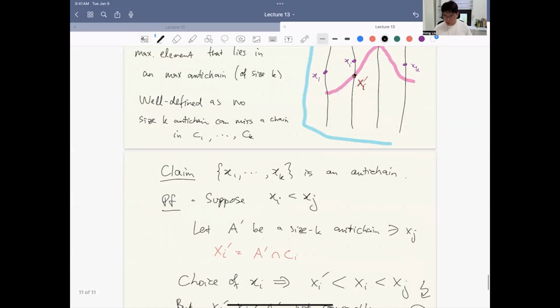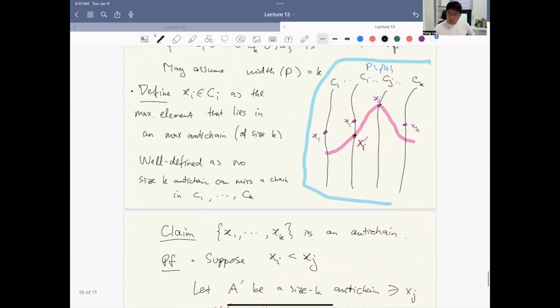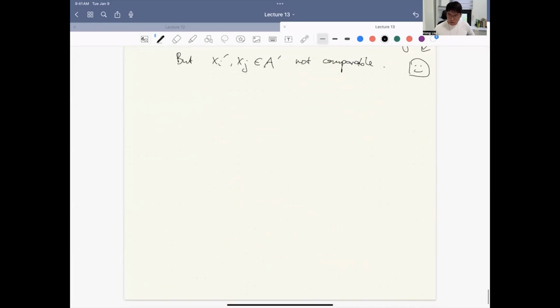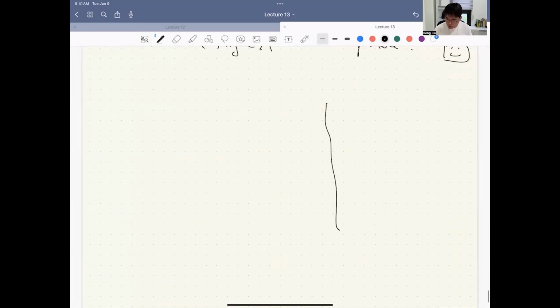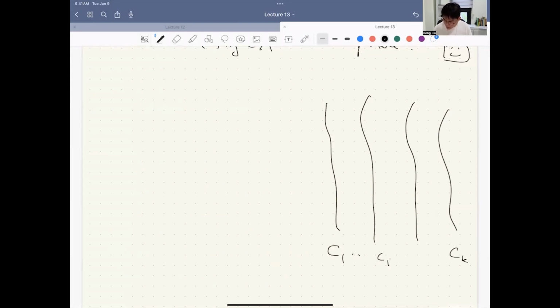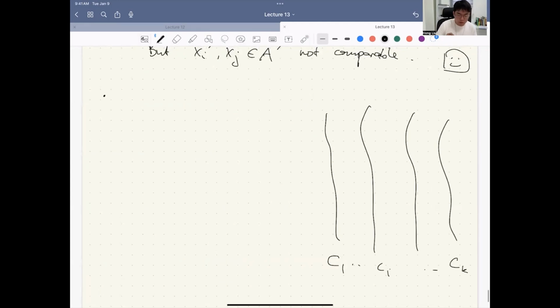One more minute, we'll finish the proof. Now we're going to analyze, almost finished. So this is C1, CK, CI. We now know we have these elements Xi, Xj, Xk, X1.